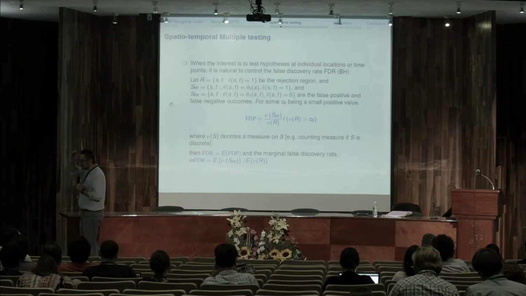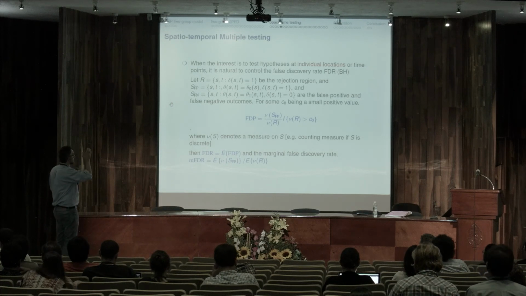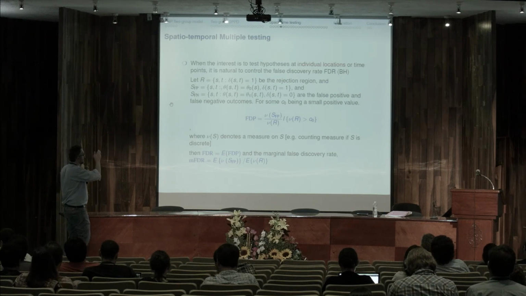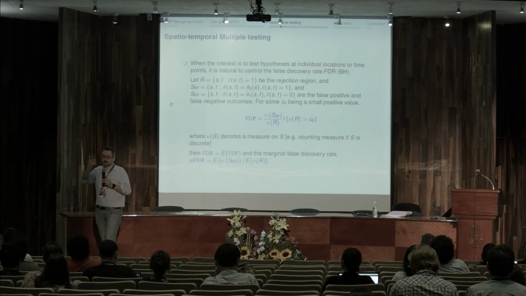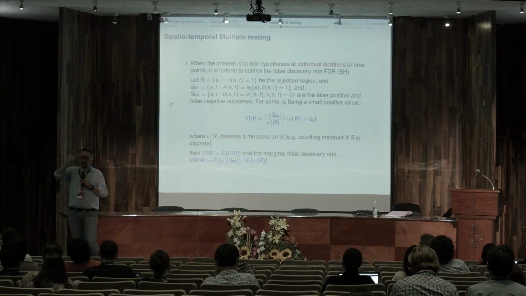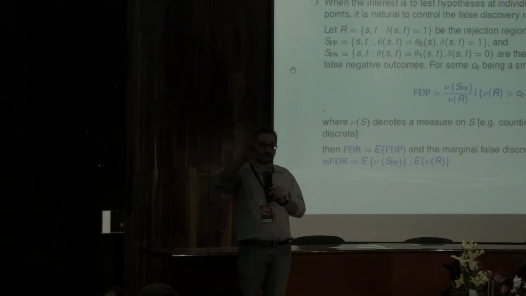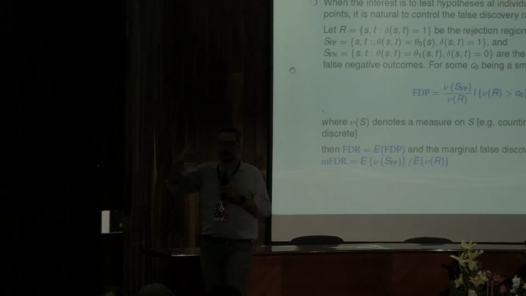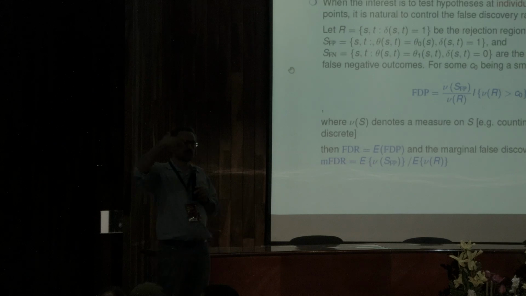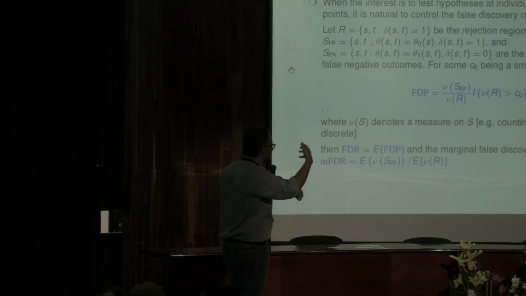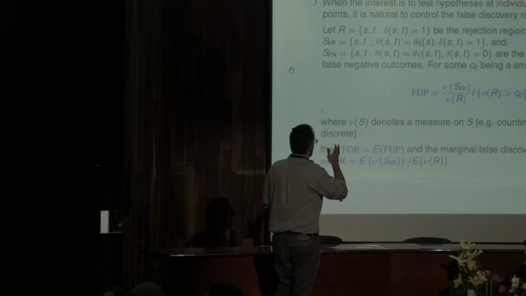On one hand, there is the idea that one can test hypotheses at individual locations or time points. And in this case, if you're interested in what happens at each particular time and location, naturally, the type of false discovery conceptualization that you are thinking of is the false discovery rate.